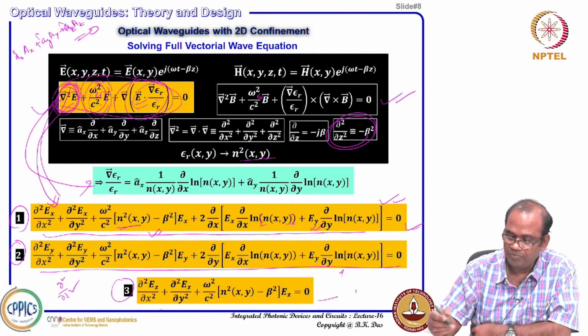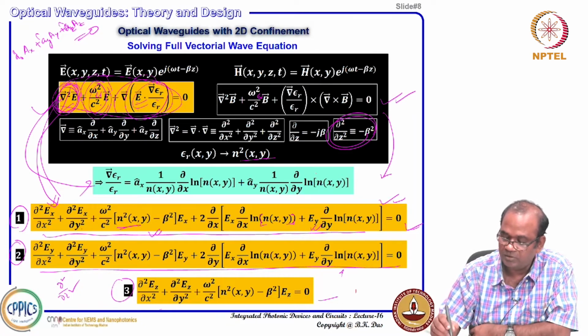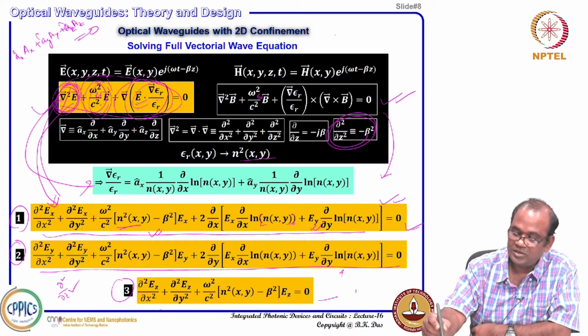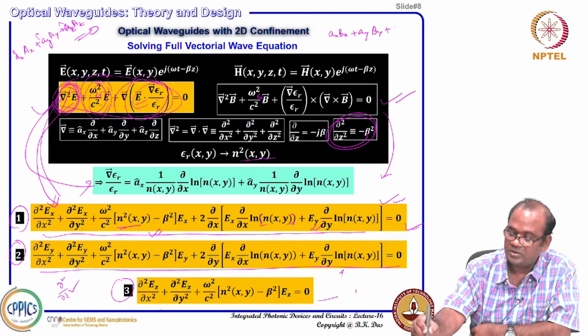Identically, I can again use the vector wave equation for the magnetic field, and again I will be writing, for example, Ax Bx plus Ay By plus Az Bz equal to 0. So, that means the vector as a whole is becoming 0.